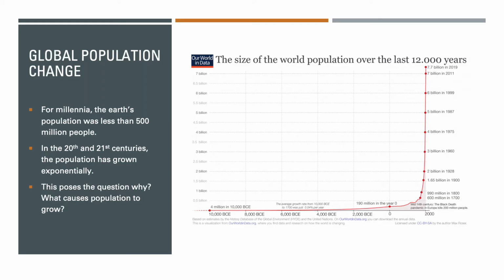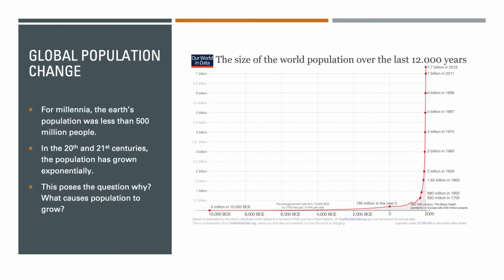So, if we have a look at this slide just here, this graph shows us the world population over the last 12,000 years. And you can see that about 10,000 years before the Common Era, we have about 4 million people in the world.